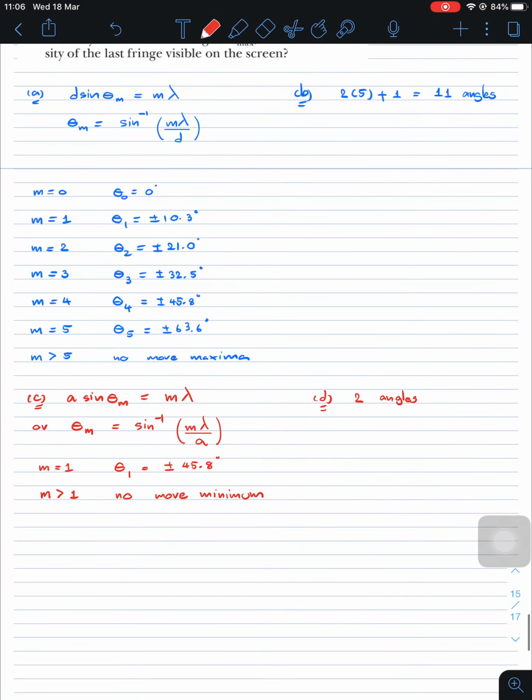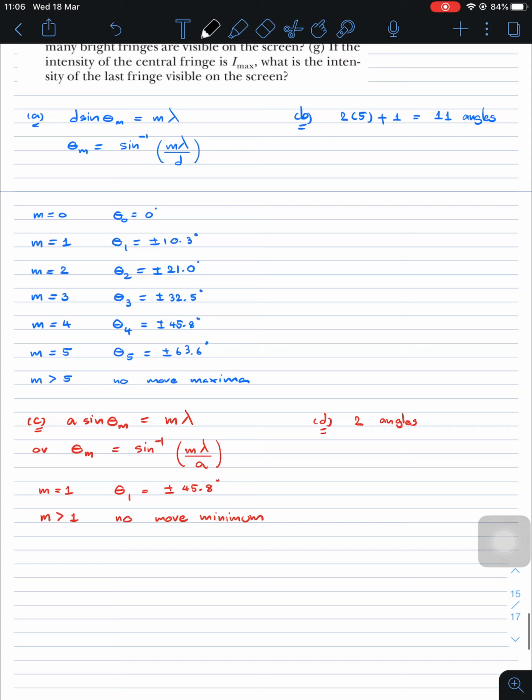Okay. So again, I just want to emphasize one more time that this one just comes from the interference of the two slits, right? Interference of the two slits.